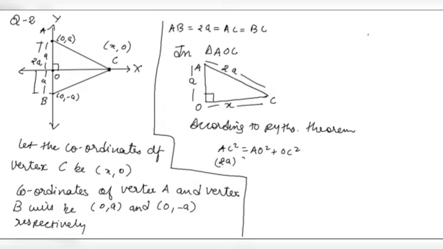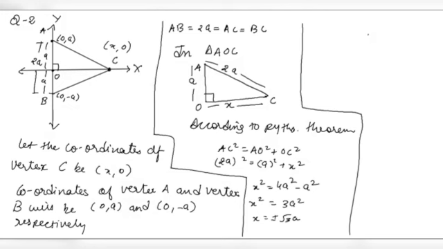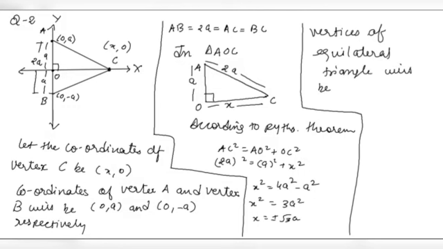So (2a) whole square is equal to a whole square plus x whole square. So x square will be 4a square minus a square, 3a square, and therefore x will be plus or minus root 3a. So the vertices of the equilateral triangle will be 0 comma a, 0 comma minus a, and plus minus root 3a comma 0.